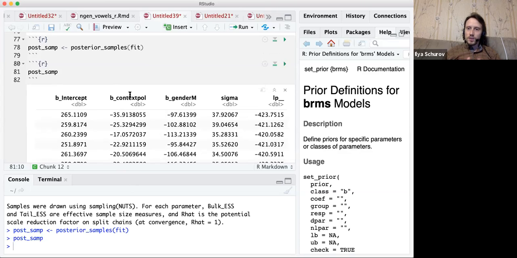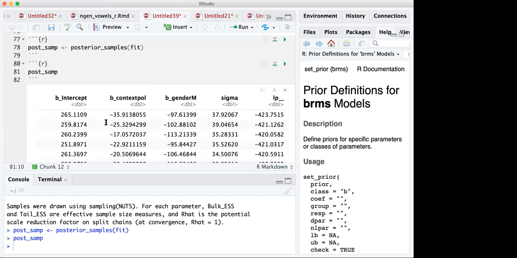In fact, as we discussed, this variable represents the difference in pitch between two contexts, polite and informal. So if we believe that this difference exists, what can you say about these numbers? Close to zero.